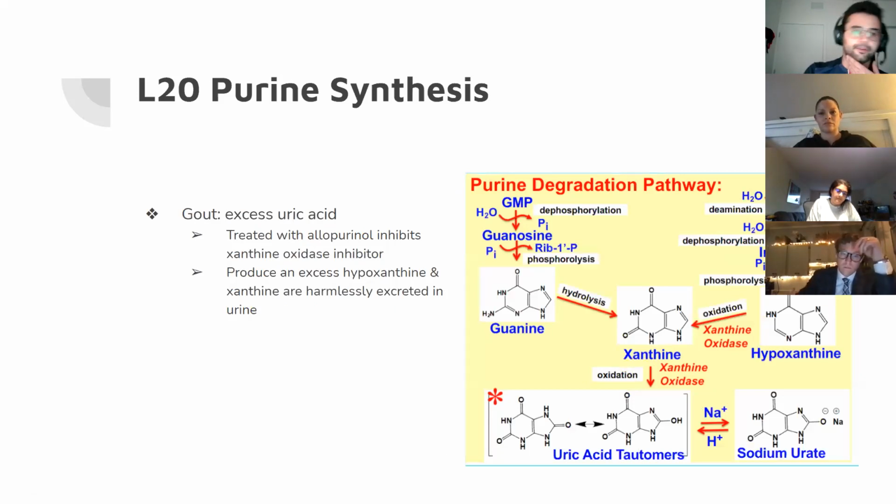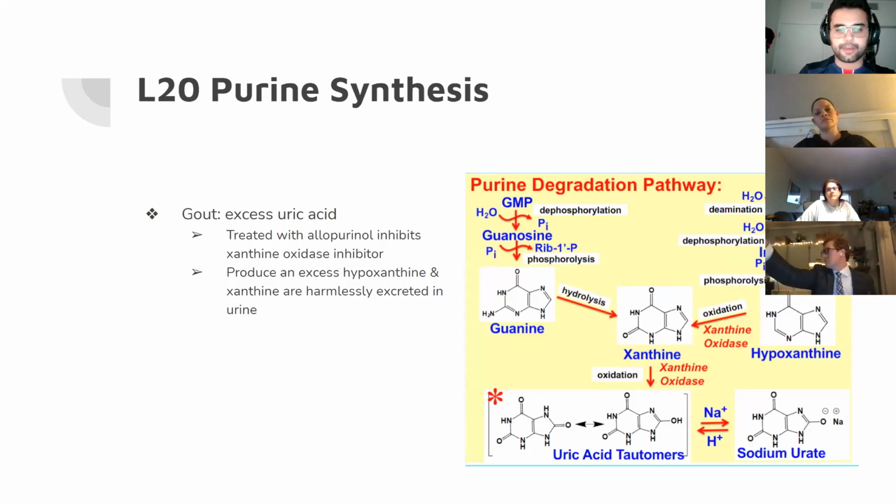Any questions on purine? I know that was a lot of information. For some reason I struggled a lot with purines when I was taking this class, and I know for a fact he's going to ask at least one gout question, like what does allopurinol inhibit, or what is the medication for gout?